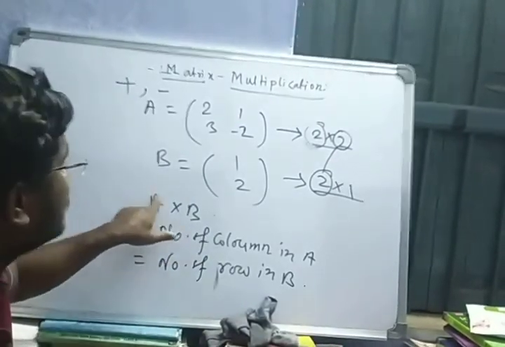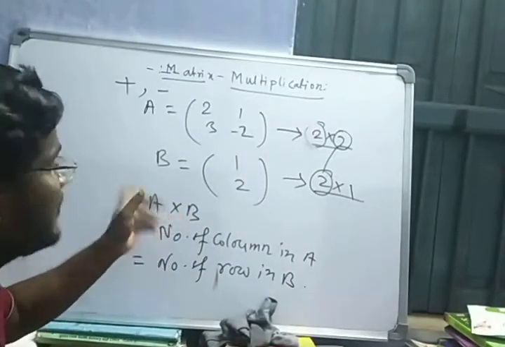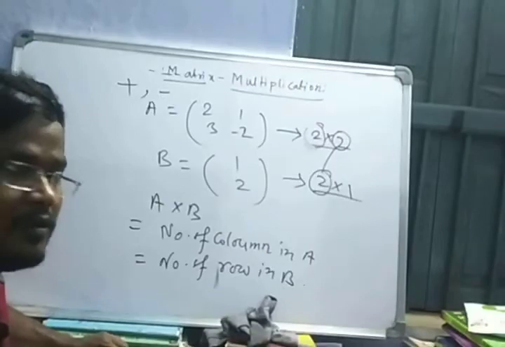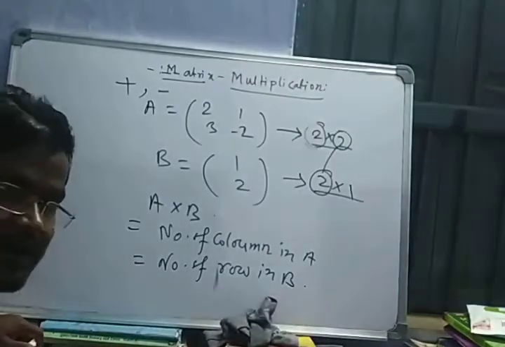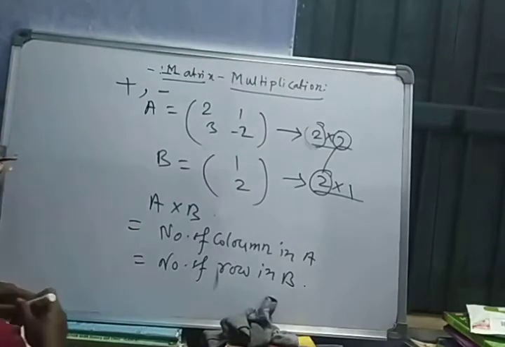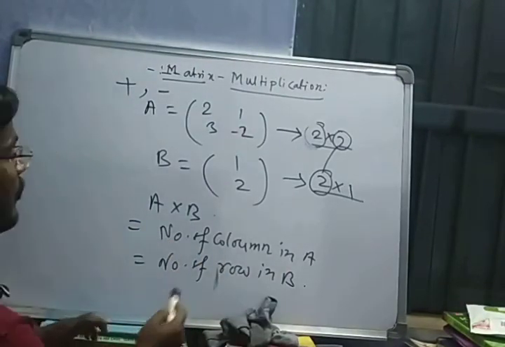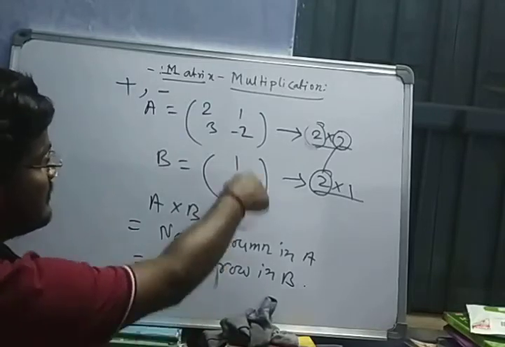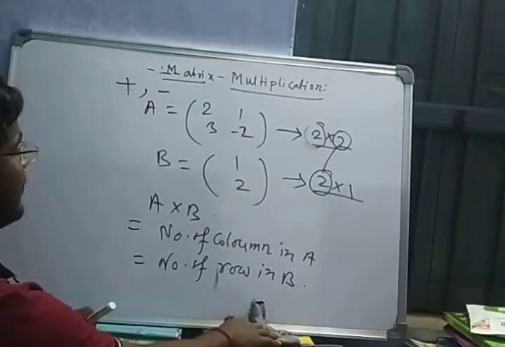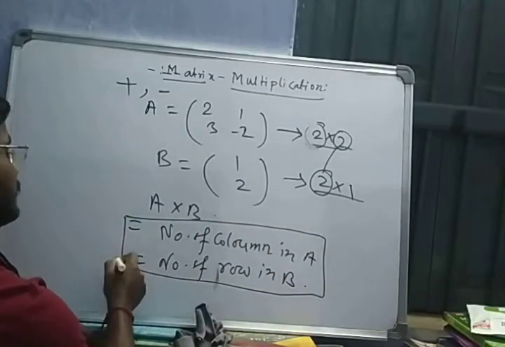Commutative law means A into B equals B into A. In matrices, it's not always possible. Maybe equal in some cases, but not always. So the number of columns in A equals the number of rows in B. Since both are equal, we can say that matrix multiplication is possible.